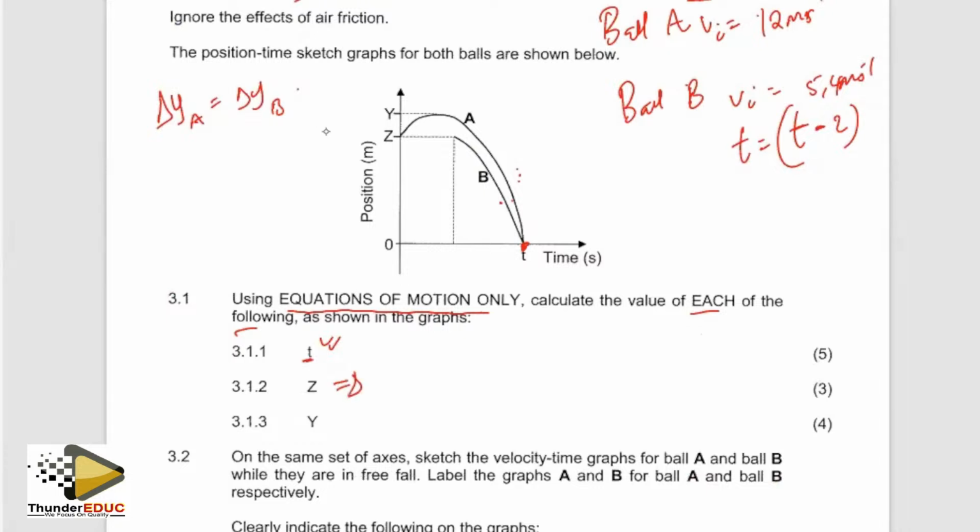Then they want us to get Z, which is the height of the building, the height of the point of projection. For me to get that, I can still use what I was using initially: y of A is equal to V initial delta t plus a half a delta t squared.